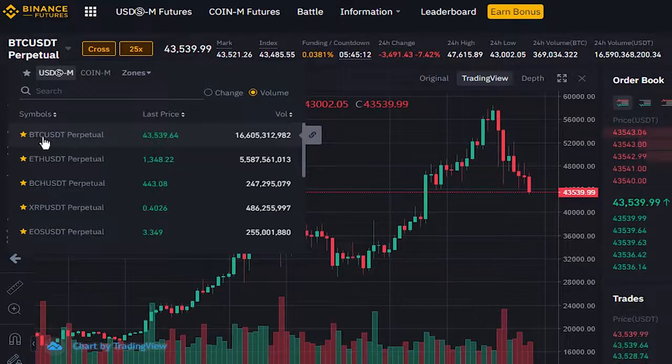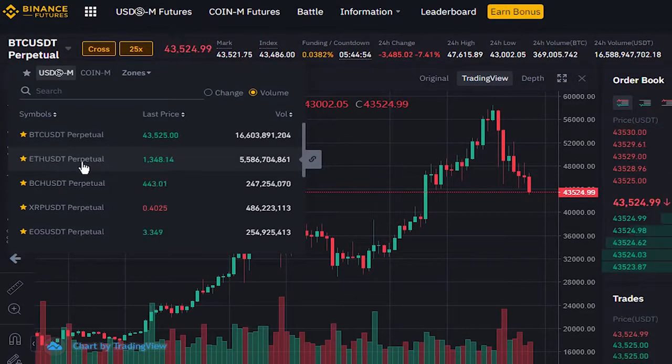And as you can see, BTC USDT perpetual contract has a trading volume of 16 billion tethers, or its equivalent $16 billion in the past 24 hours. And in the second place, ETH USDT perpetual with a trading volume of something like $5 billion. So you can clearly see that the difference is huge.